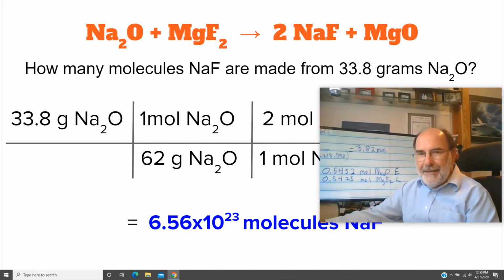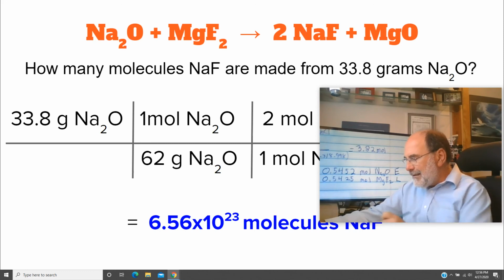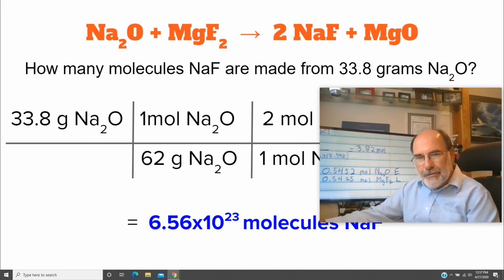Now, in this problem, as originally given, we assumed that the magnesium fluoride was excess. But in reality, the way I've changed the problem now, the magnesium fluoride is a limiting reactant, and it's about 0.003-ish moles smaller than what we started off with. And so that's a tiny change.